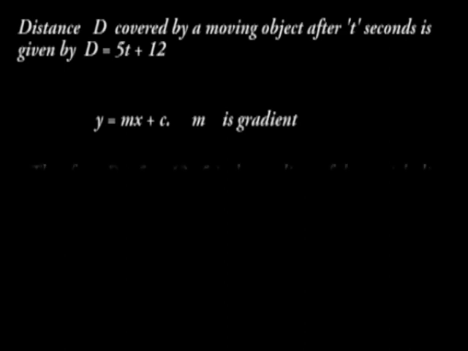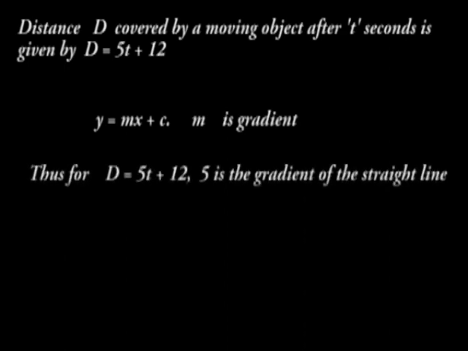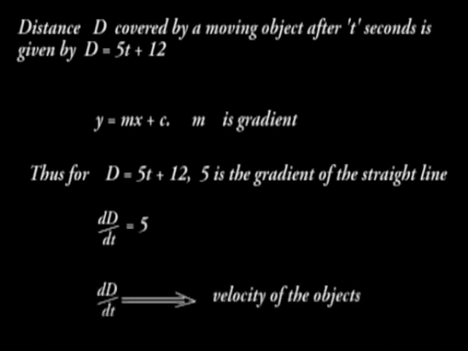Thus, from d is equal to 5t plus 12, 5 is the gradient of the straight line. We can obtain this by differentiation, that is, differentiation of d with respect to t is equal to 5. dd over dt gives us the velocity of the object.